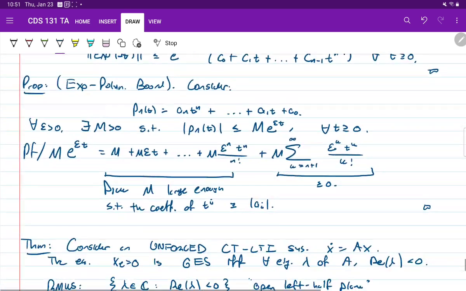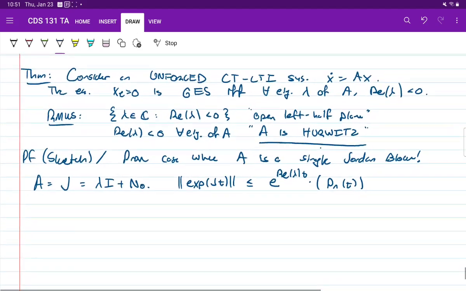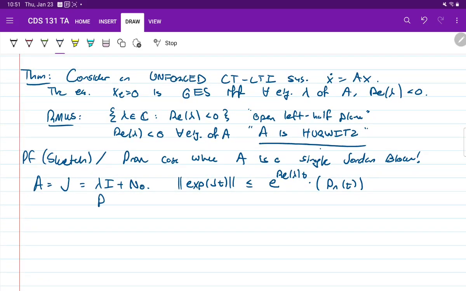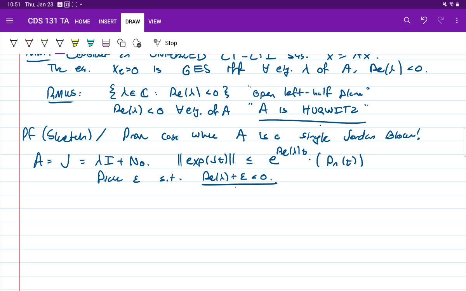Now I'll apply this exponential polynomial bound. So pick a value epsilon such that the real part of lambda plus epsilon is still less than 0. Because here we're assuming the real parts of lambda are all less than 0, we'll be able to get this value of epsilon.